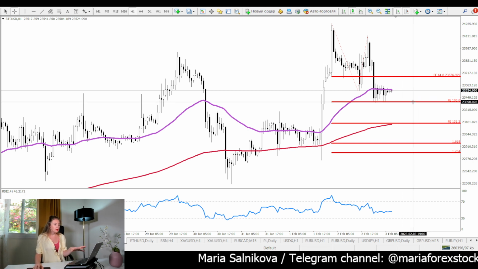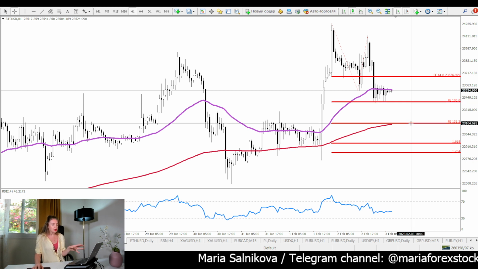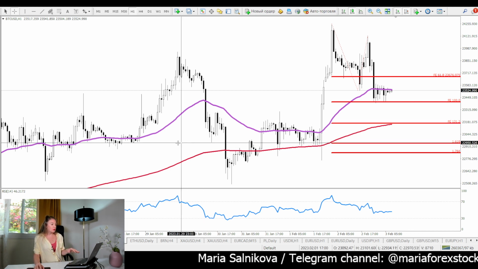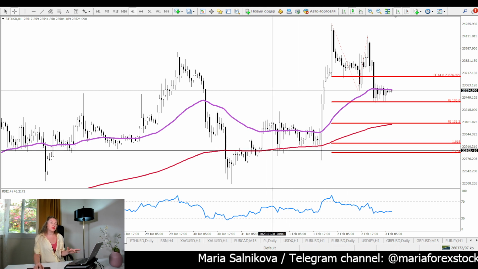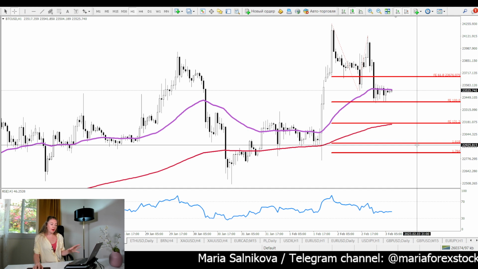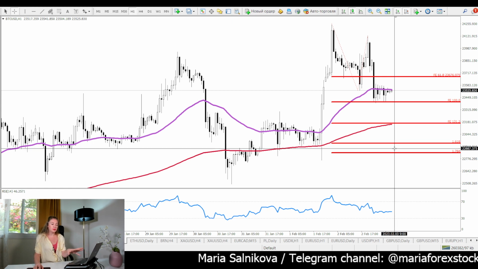So level of support is 23,390, 23,160 and 22,900. So you can see that this will be like the minimum price of the beginning of February. So if something happens and they hit the support, for us this is an area to buy around 22,900, around 23,000.